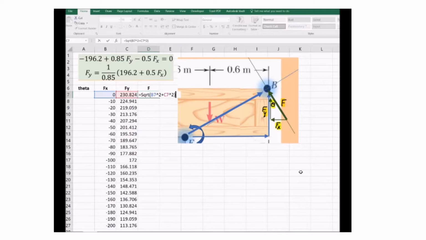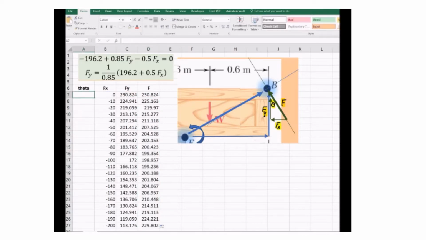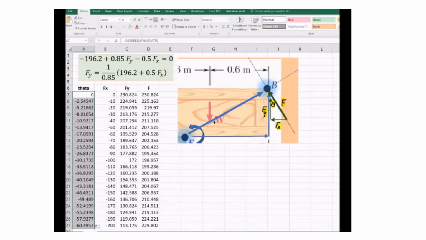So square root of Fx squared plus Fy squared, and we can copy that down as well. And I want to get this total force as a function of the angle. Turn it into degrees. Again, Excel uses radians instead of degrees. And I am just grabbing the arctan of X over Y.